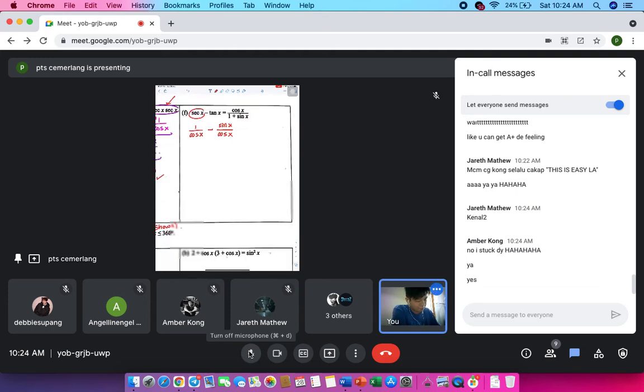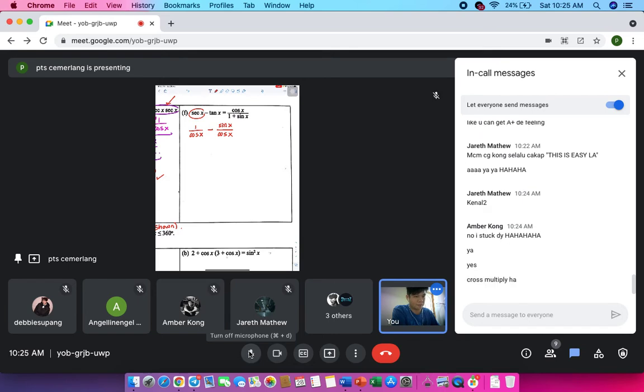What happened here? Cross multiply? Can I change this one to become 1 minus sine x straight away, guys? 1 minus sine x over this one I change to become cos x. Can I do that?